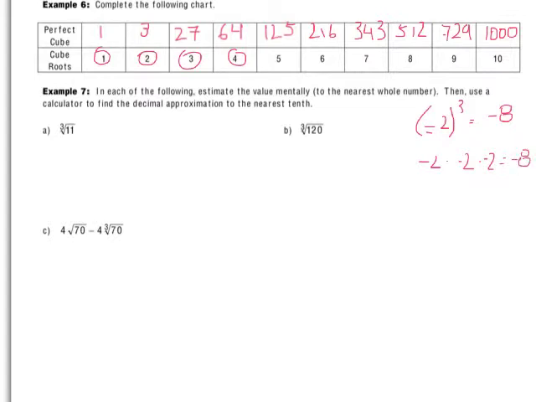So we cannot use plus or minus for the cube roots. Okay, so we're going to do some more estimation for the first couple here, and I think we all get the hang of this, so I'm going to go through this pretty quickly.